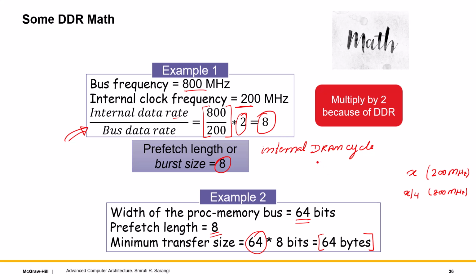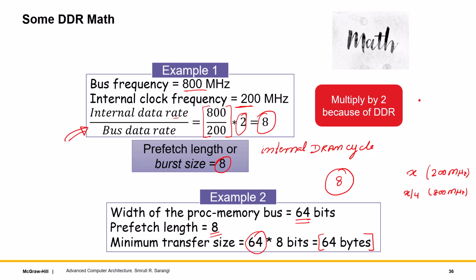And then if I multiply that with the number of bits that I'm sending per bus clock cycle, which is 2, then effectively in every internal DRAM cycle, I need to generate 8 bits, such that all 8 can be transmitted together on the bus after that. Which means that my prefetch length should be 8, because I need to generate 8 such that I can quickly feed it on the bus.